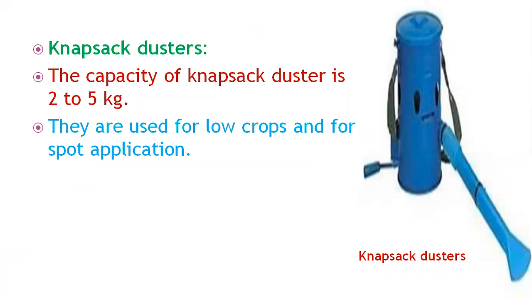Now the next one, the knapsack duster. It is used on different crops and vegetables, and mainly for spot application. The capacity of this knapsack duster is 2 to 5 kg.